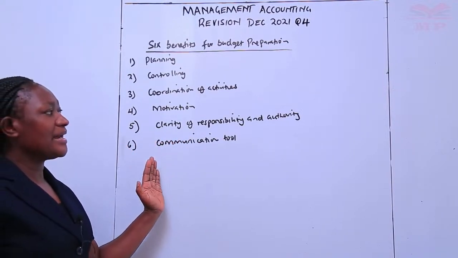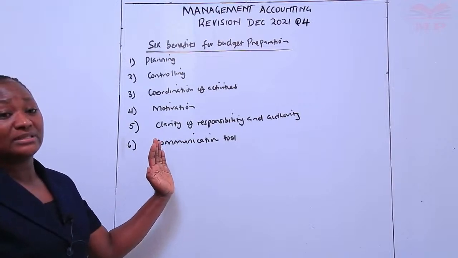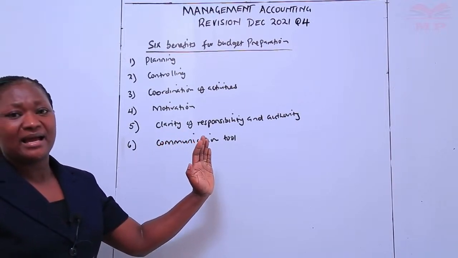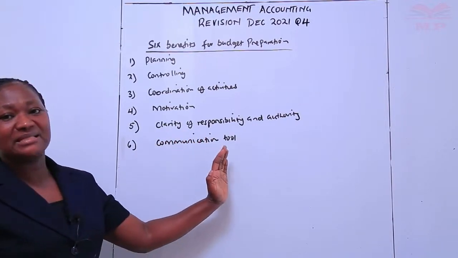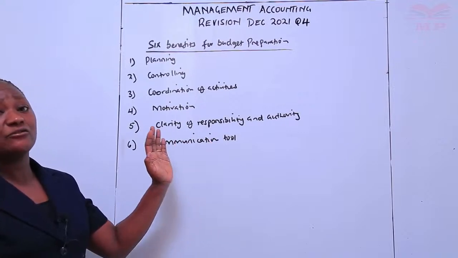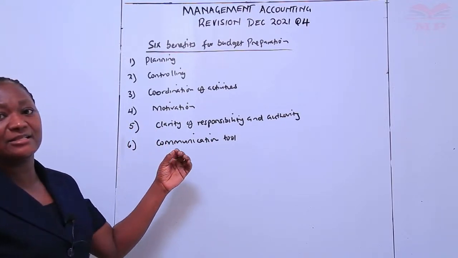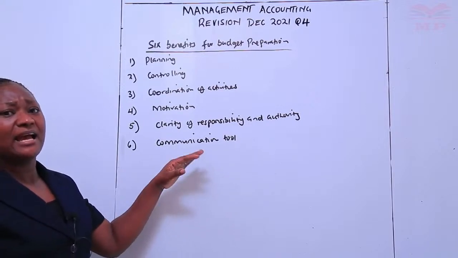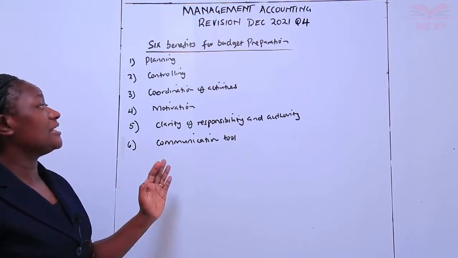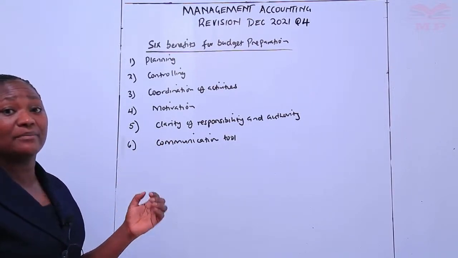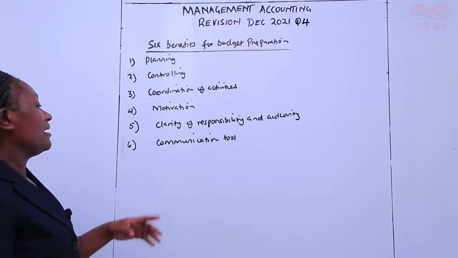Like when we are preparing for Department A, sometimes when Department B is budgeting, it has to base on the activities of Department A before it finalizes its activities. And through that, we will have coordination of activities relating one department to the other.